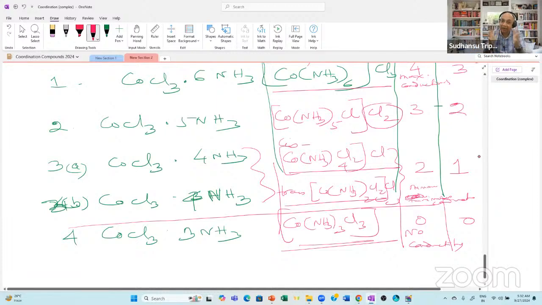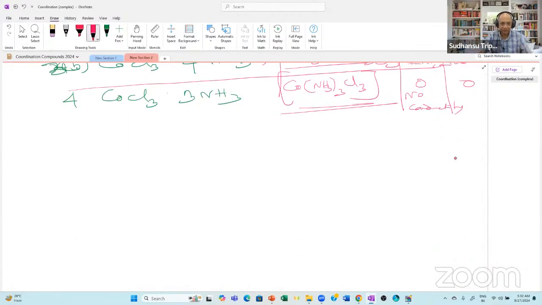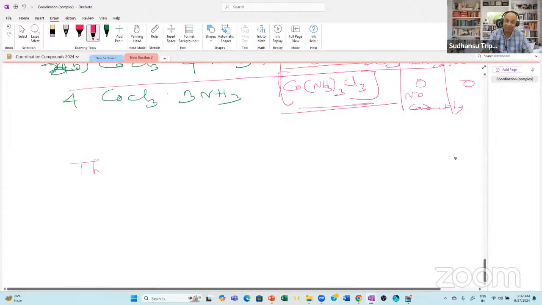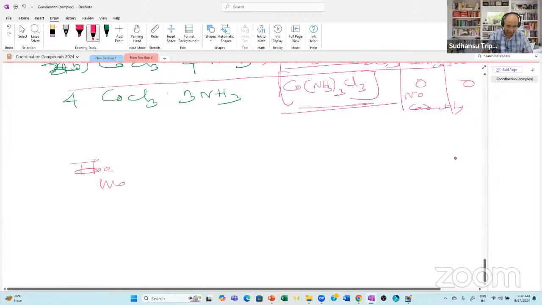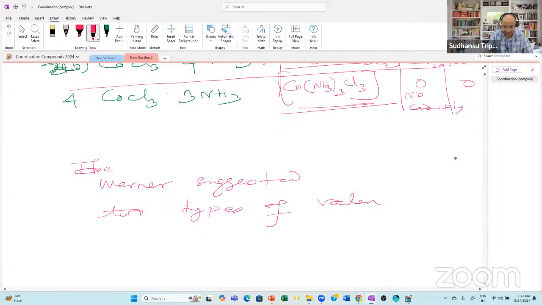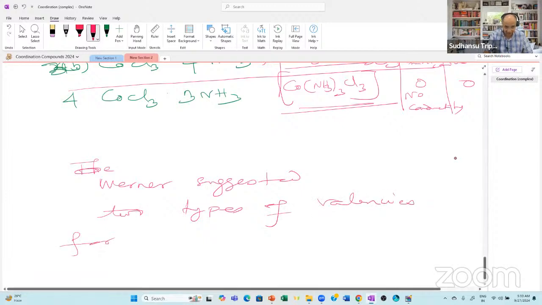That gave him this theory. In his time those terminologies have become obsolete, but you have to write in your examination. Werner suggested from these studies two types of valency for the complex ion or complex molecule.